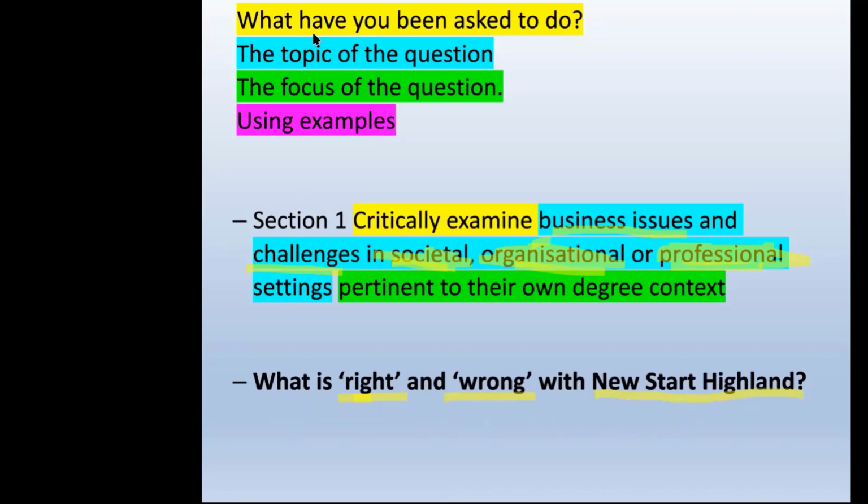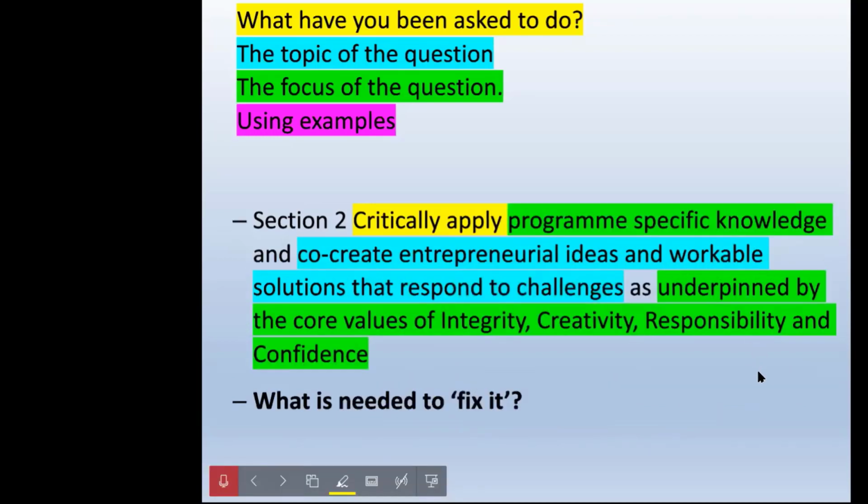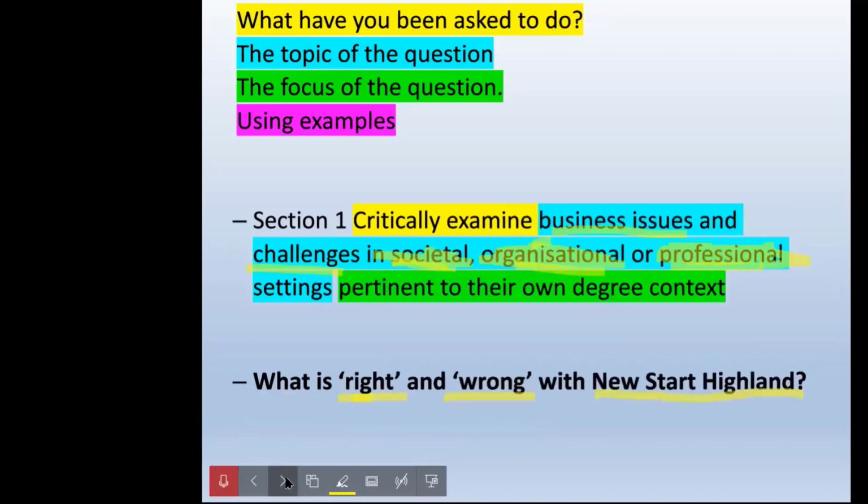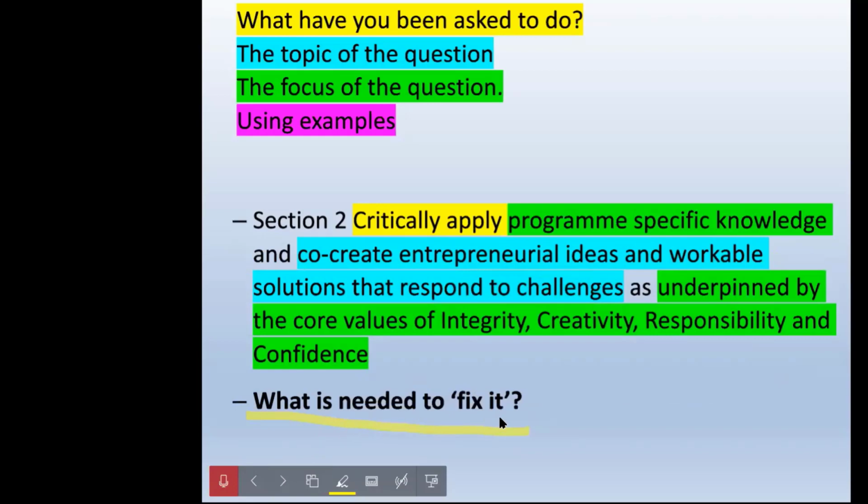Okay, and that links to the next one, because the next one is, if there are issues in New Start Highland, what is needed to fix it? That's what comes from this. And I've jumped to that to see that there's a link. So if you go to the previous slide, the first section says what's wrong, and the next bit, my argument, is what's needed to fix it.